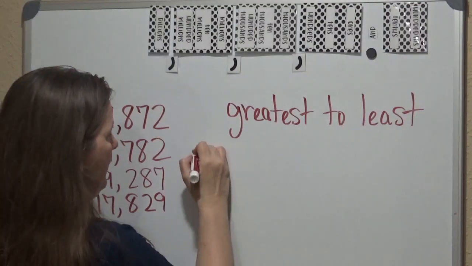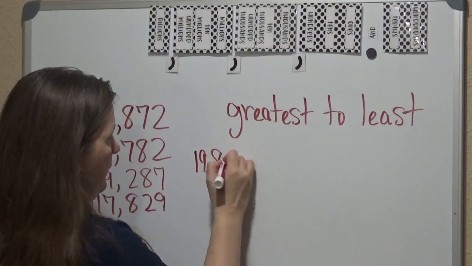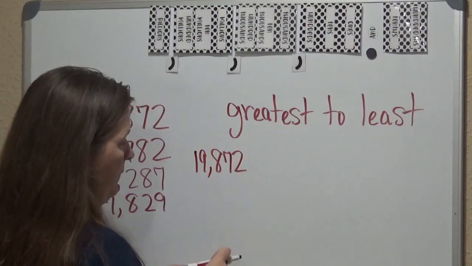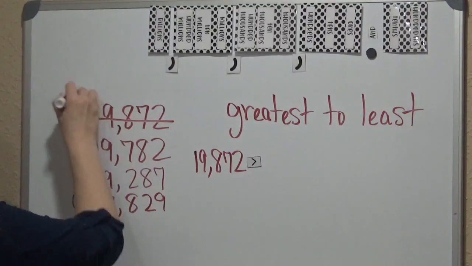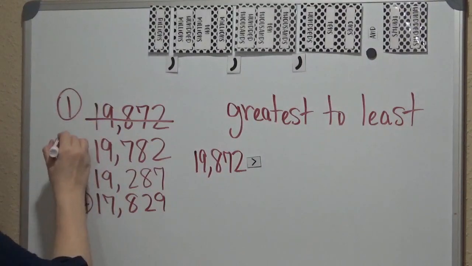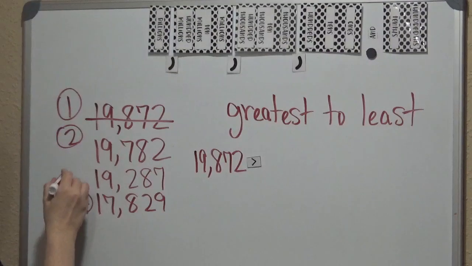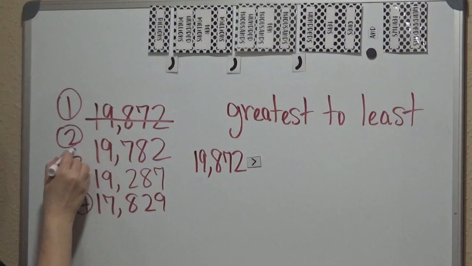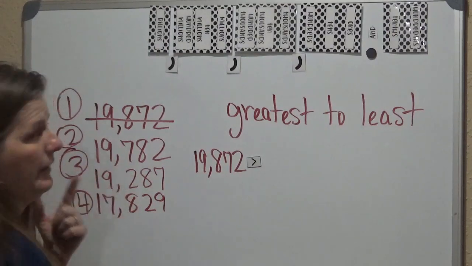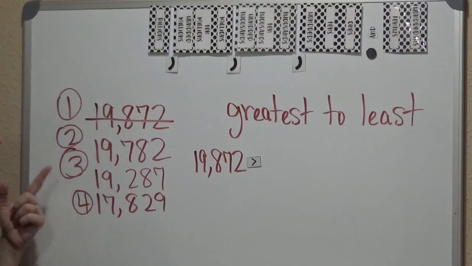So let's try that again. 19,872 is greater than, so we know that this is the first one. We know this was the second one, third one, and the fourth one. And I actually wrote it unintentionally in order.